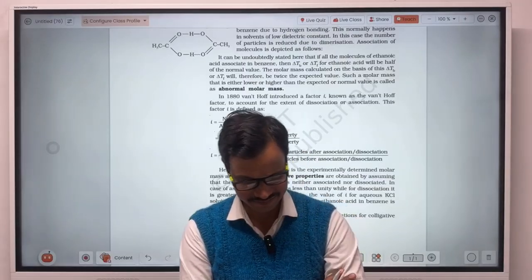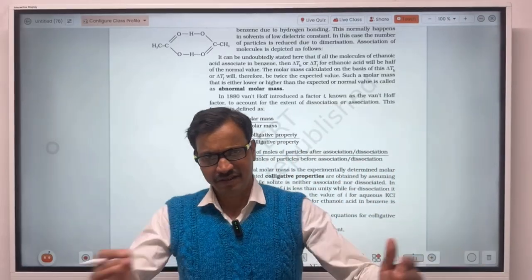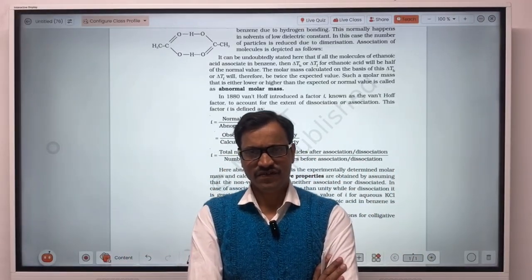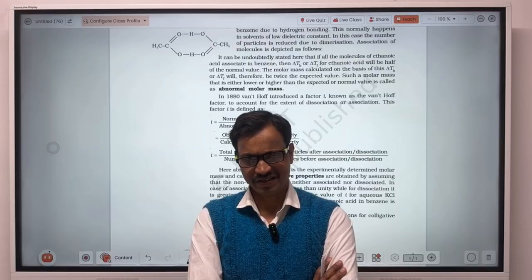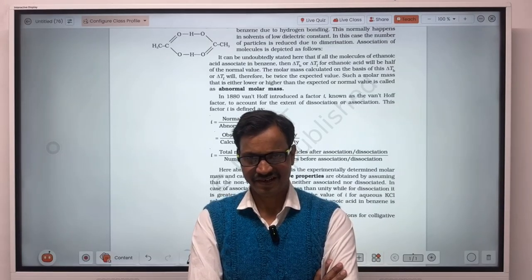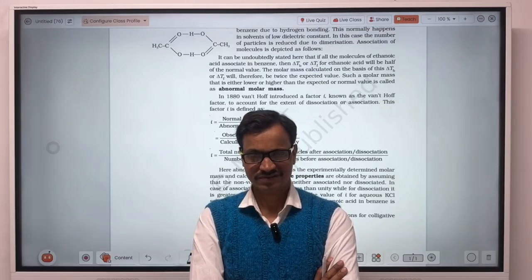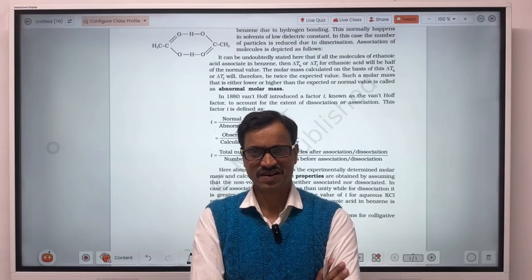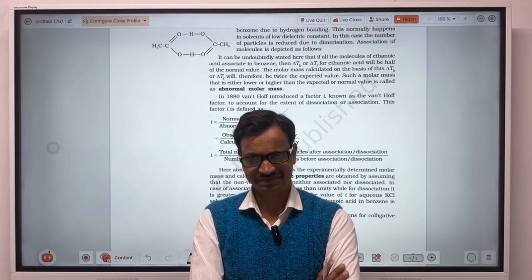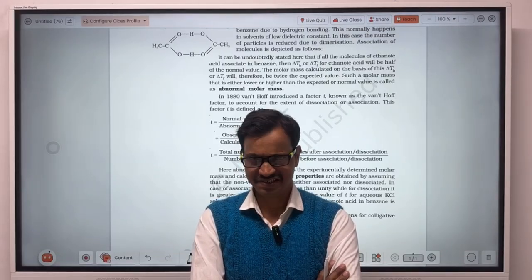Dimer means when two particles combine together and act as a single particle, then the molecule is called a dimer and the process is called dimerization. As in the case of a polymer, a number of molecules combine together and act as a single molecule, and that process is called polymerization.